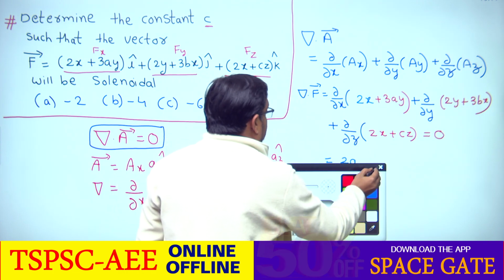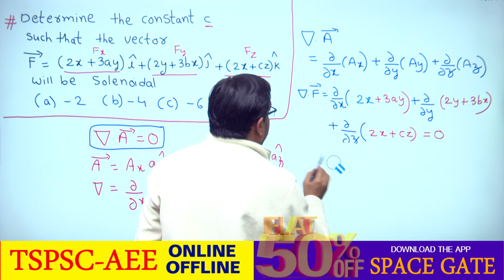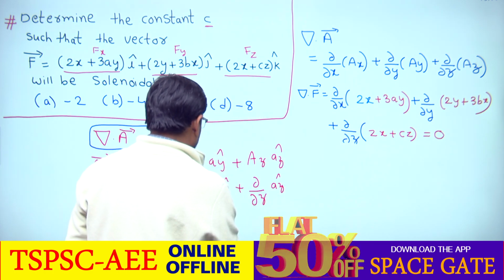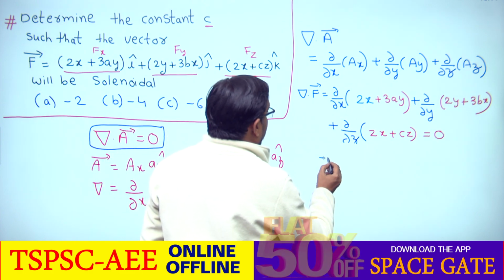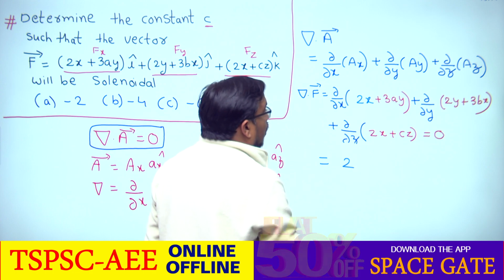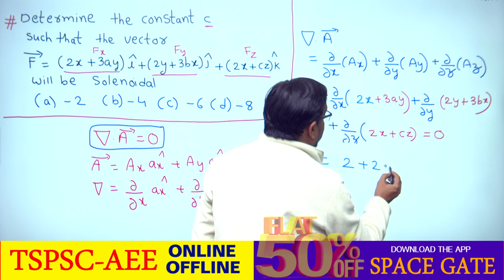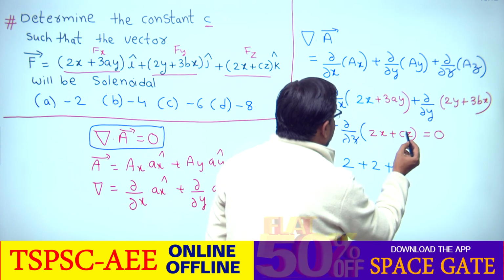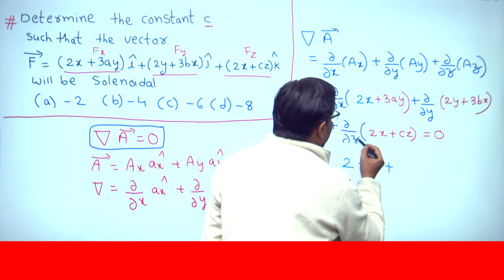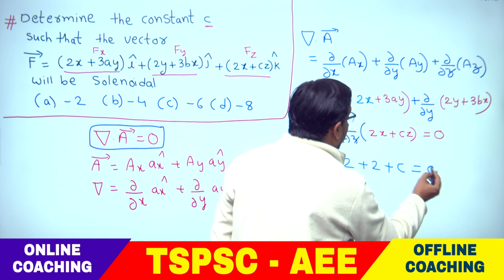So dou by dou x of 2x is 2, dou by dou y of 2y is 2, plus dou by dou z of cz with respect to z is c, equals 0.